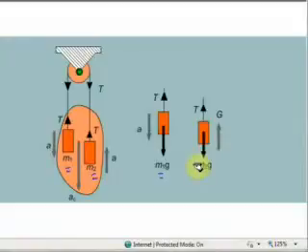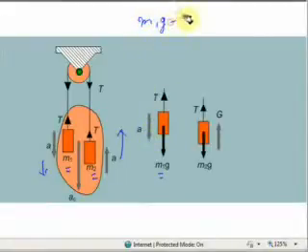So let's assume that the pulley is moving in the anti-clockwise direction, that is, mass m1 is moving down and mass m2 is moving up. So if we write the equation of forces for mass m1, since it is moving downwards, we can write that m1g minus T, this is the net downward force acting on the mass m1, so this must be equal to m1 into a, that is mass times acceleration.